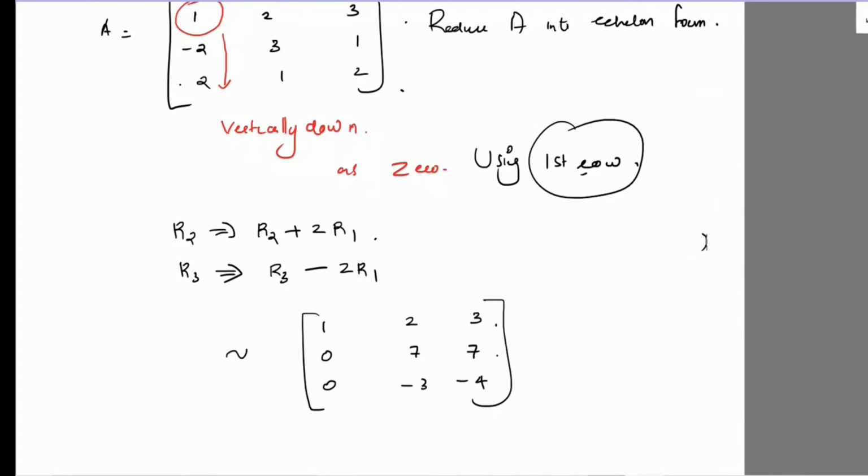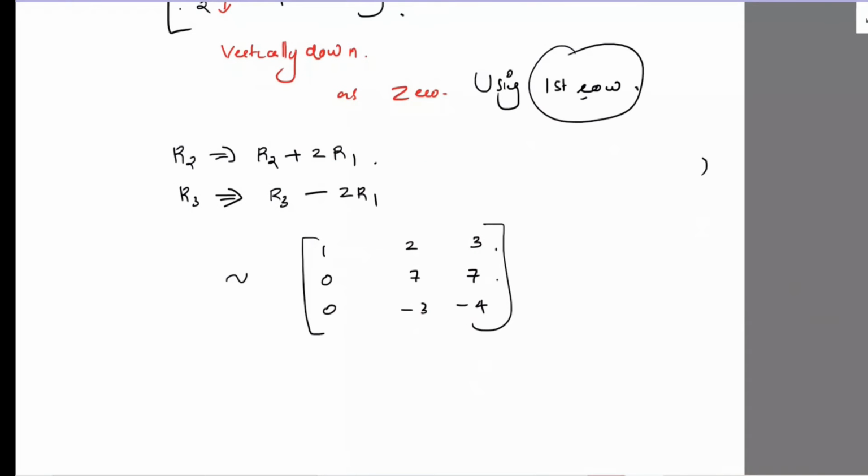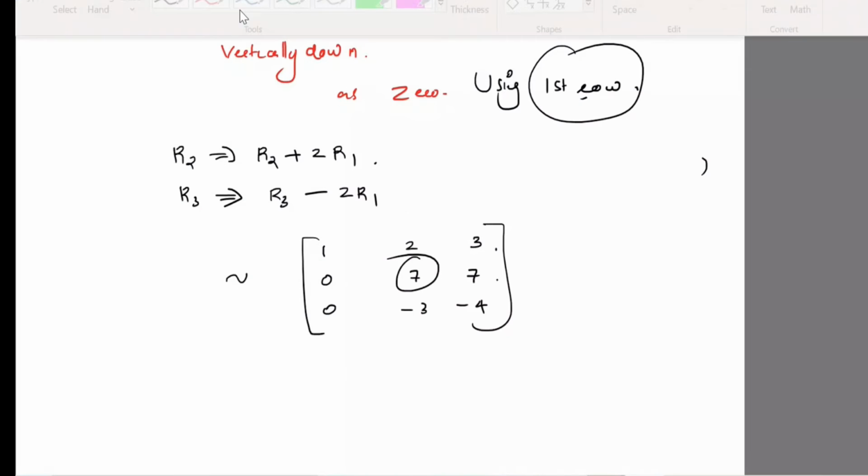So now we have made all the vertically down elements of the first leading coefficient 0 using the first row. Now I am going to mark the second leading coefficient. What is the second leading coefficient here? 7. So 7 is the second leading coefficient.